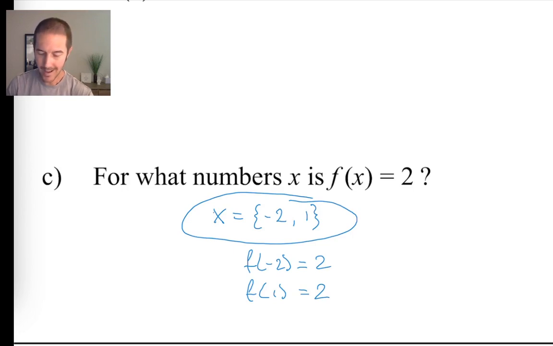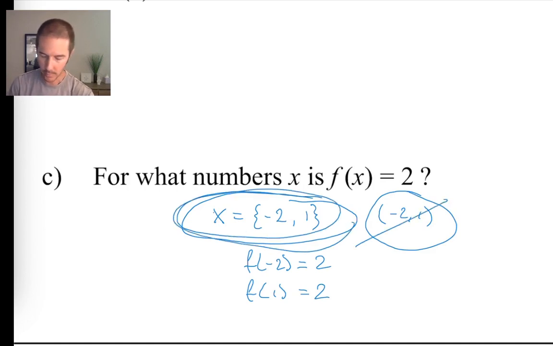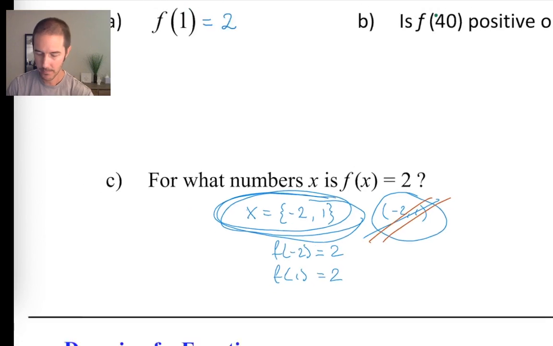You will not see them written like this. This has other meanings. This is not a list of 2 numbers. So you'll see it one of those ways, but not like that.